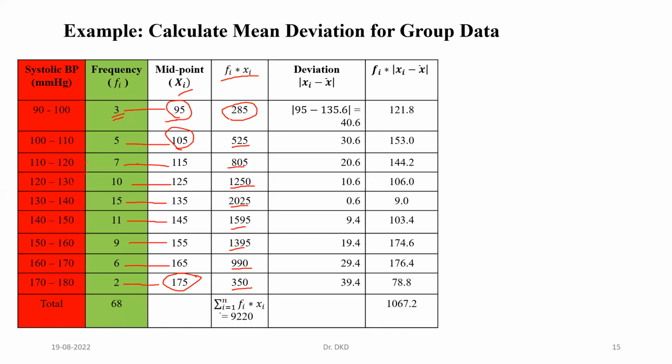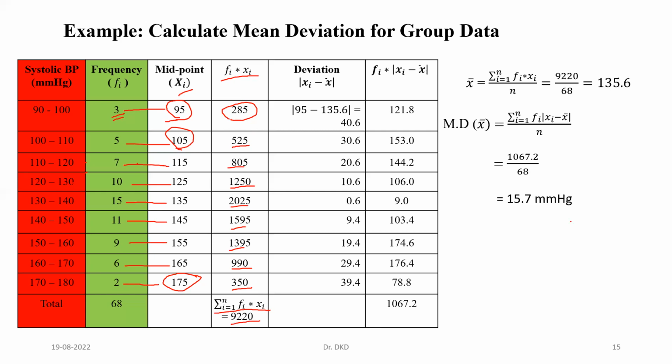Summation fi xi we get here is 9220. Once we have summation fi xi, this is the formula for group data: x bar equals summation fi xi divided by n, where n means summation fi.